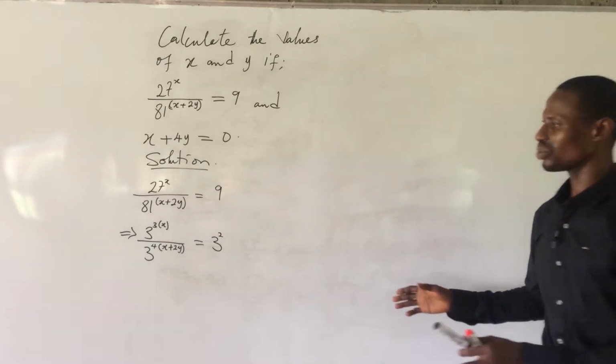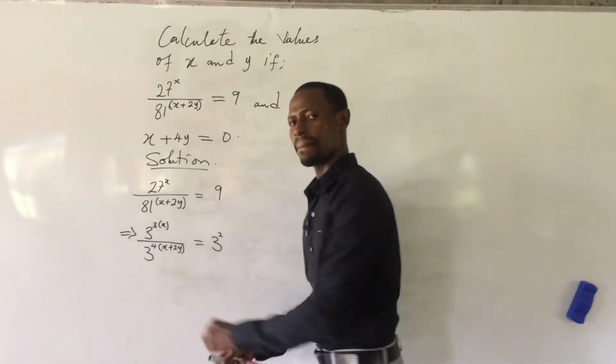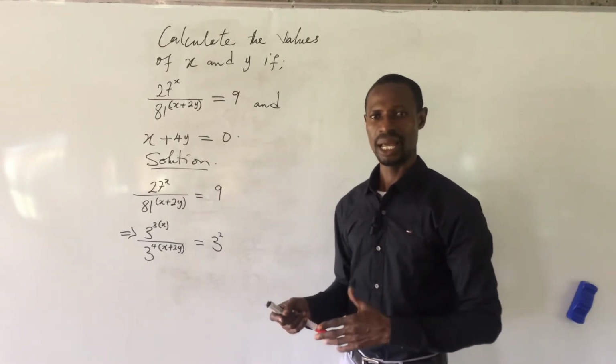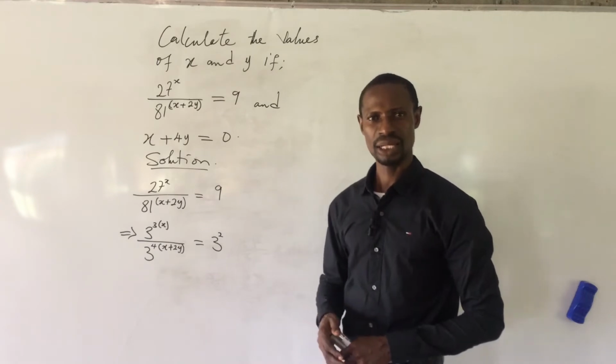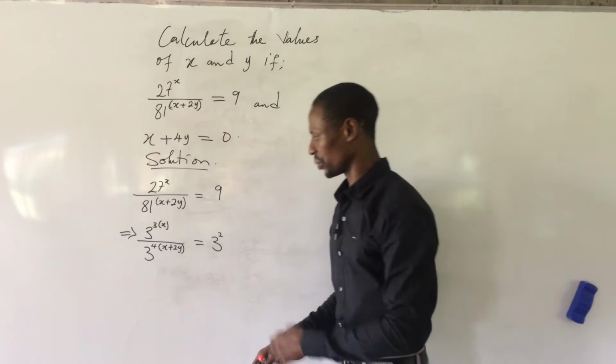Now that we have everything to base 3, according to the laws of indices, there is a video which I have produced on the laws of indices. I call it the 7 pillars of indices. You can watch it in my video too.